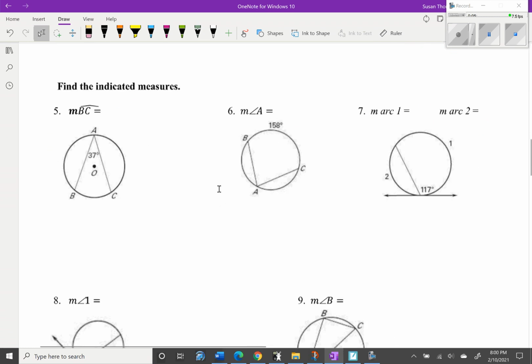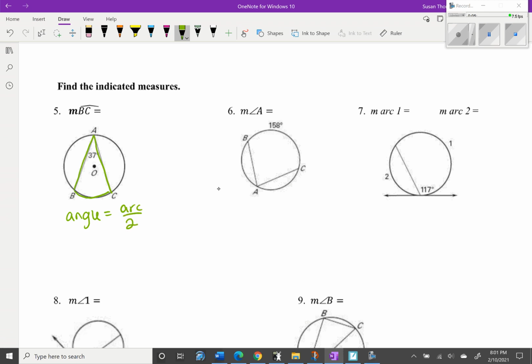So let's go ahead and find the indicated measures. So we want to find the measure of arc BC, which is right here. So we'll notice that we were given this inscribed angle as 37 degrees. So remember that the angle equals the arc divided by 2.